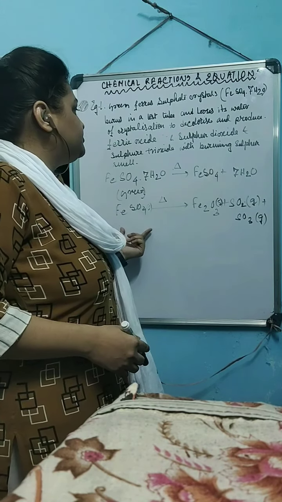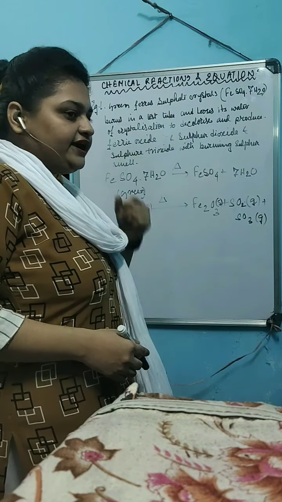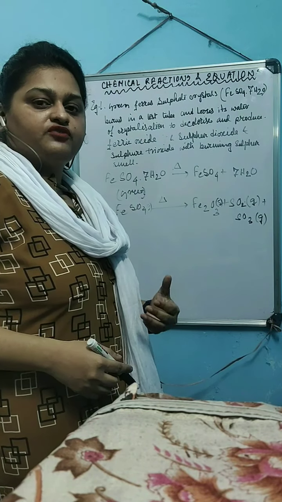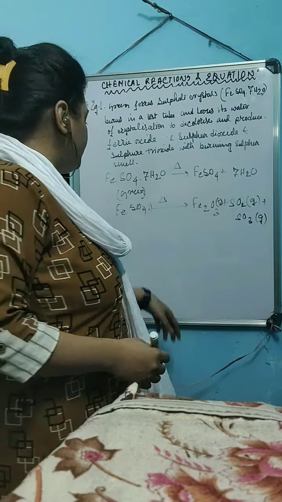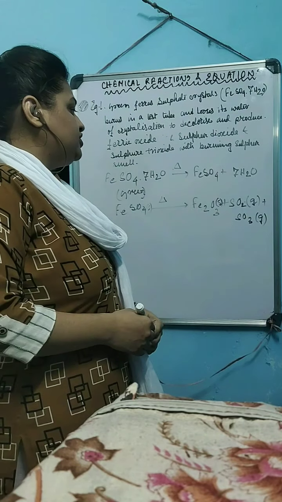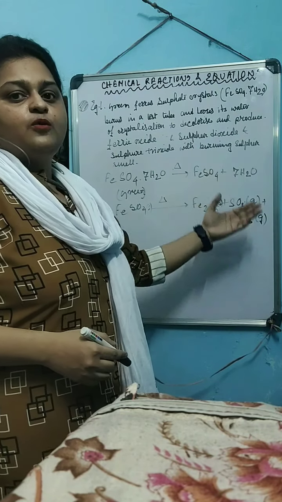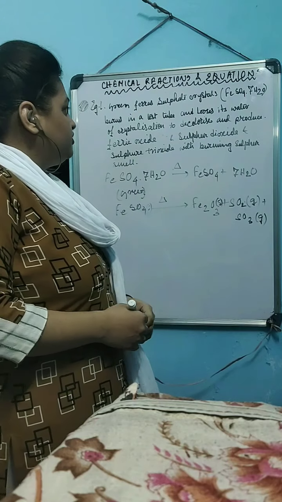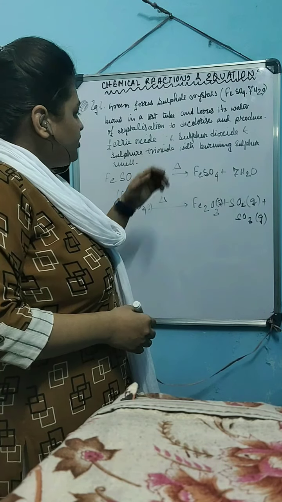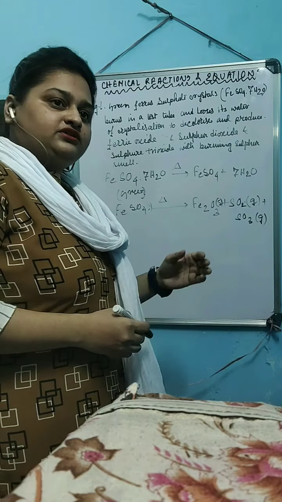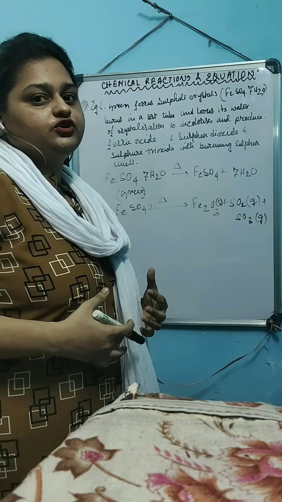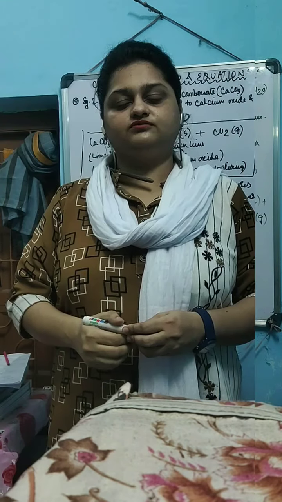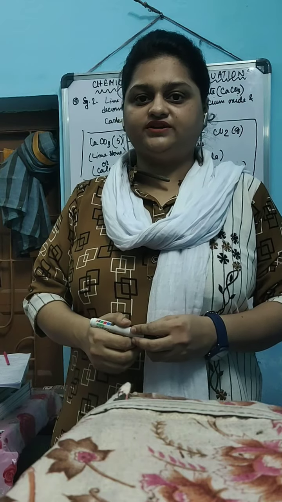With the consumption of heat energy, it is decomposing into several simpler products. This is one example of a decomposition reaction, where heat is utilized. Let's look at the next two examples.